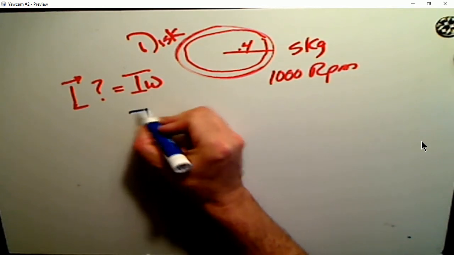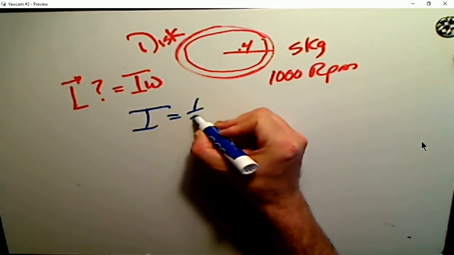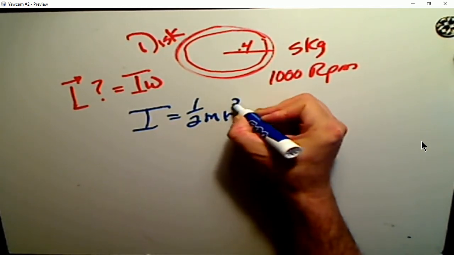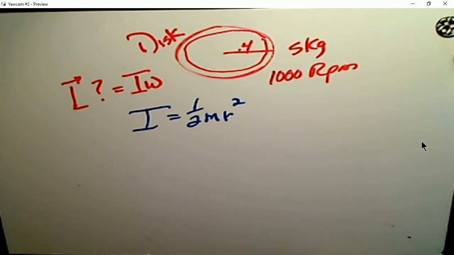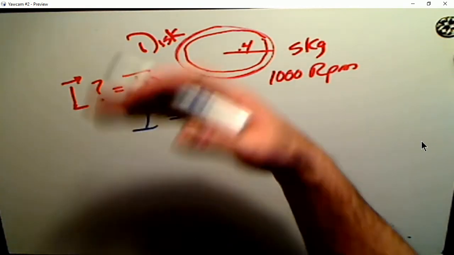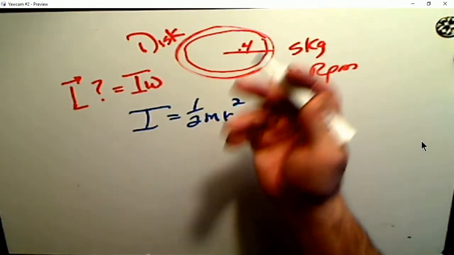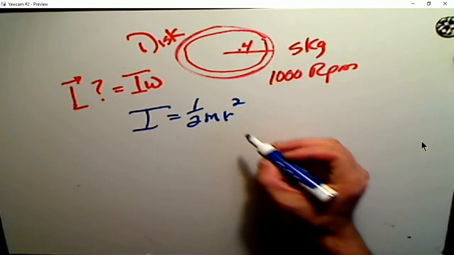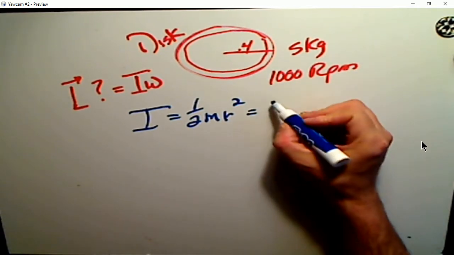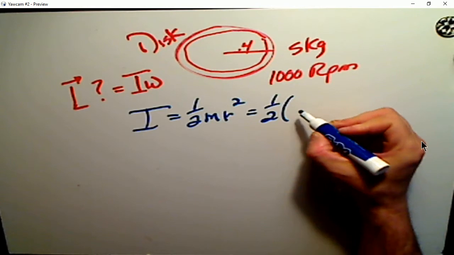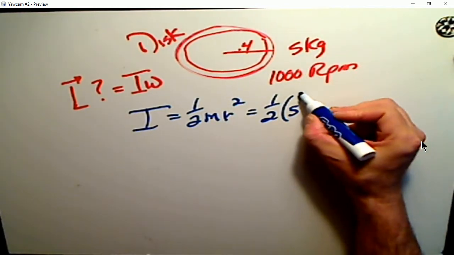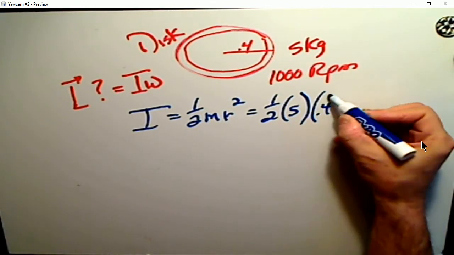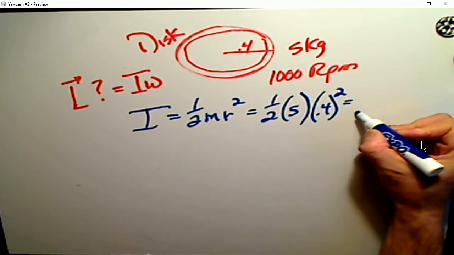I know for a disk, one half mr squared relates to geometry in an angular fashion, equivalency to mass, linear. So that is 1/2 times 5 kilograms times 0.4 squared, which gives me 0.4.